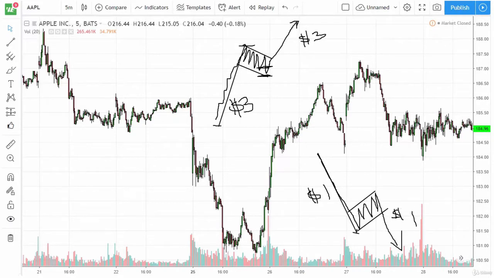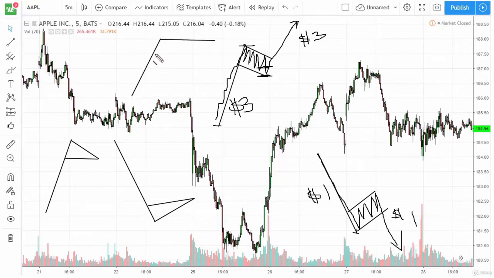A pennant is the exact same thing, but with one caveat. You've got your bullish and bearish pennants, but it comes down to the consolidation at the end of the pole. It doesn't necessarily have to pull back a little bit. A lot of times it will, but not necessarily. So sometimes you'll see it like this, looks like a pennant flying in the wind.